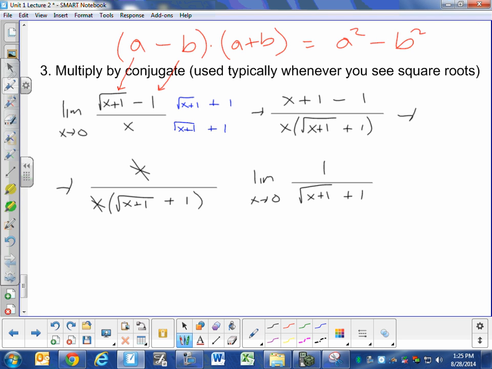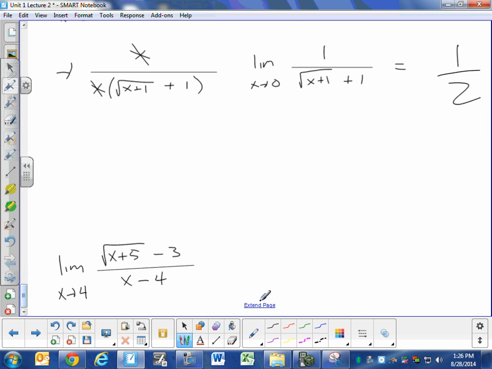I plug in 0 for x. I now have 1 over the square root of 1, which is 1, plus 1, which gives us 1/2. Turns out this equation will approach 1/2 as x is approaching 0. Okay, let's practice that again.